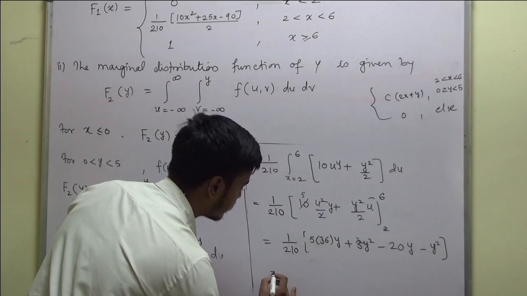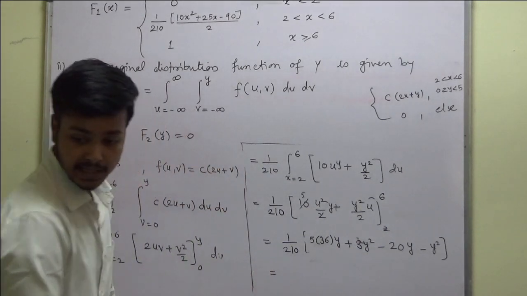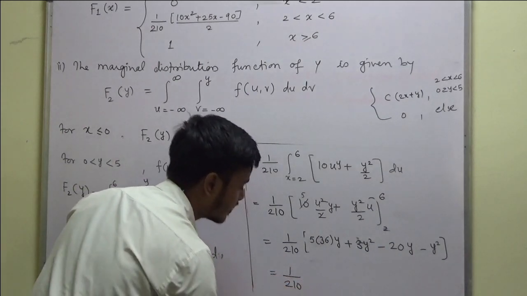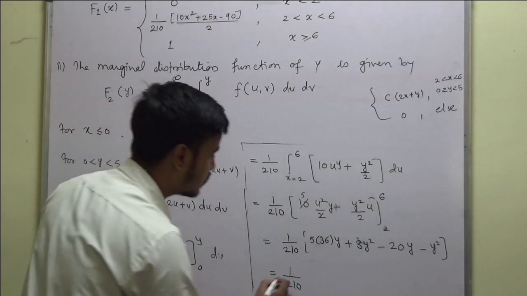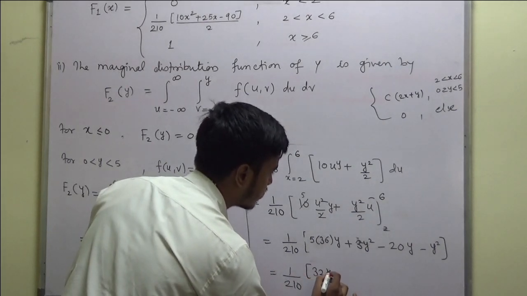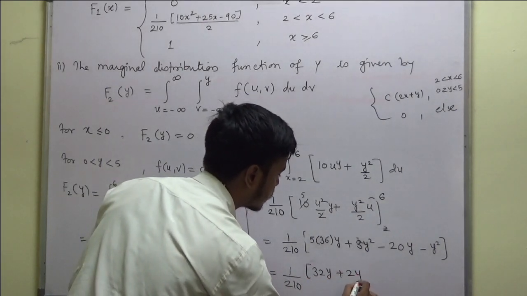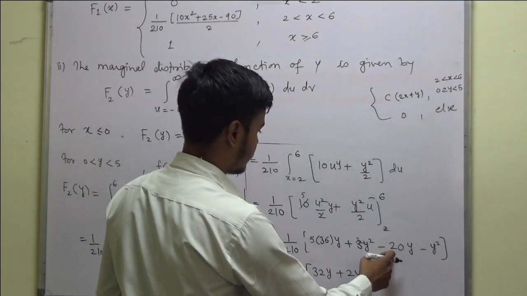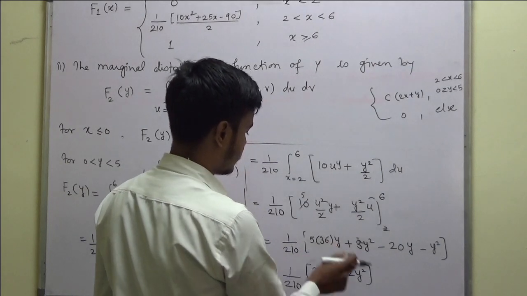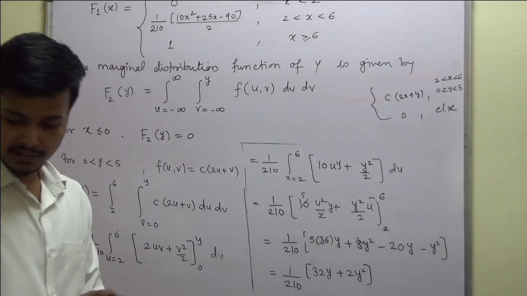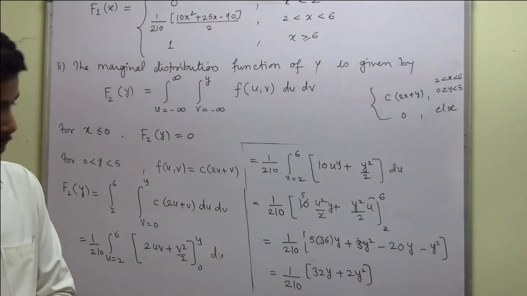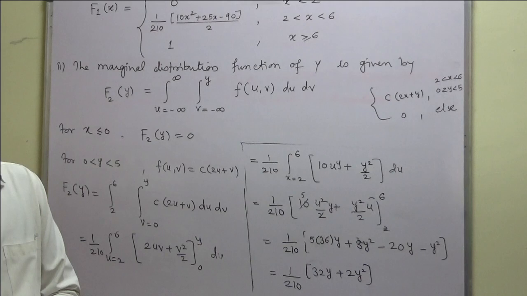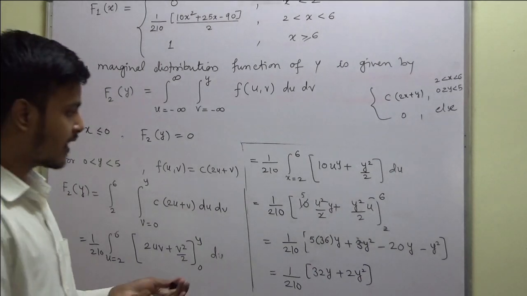I am borrowing from the book, so this is 1 upon 210 into 32y plus 2y square. Okay, 36y plus 3y square minus 4y.